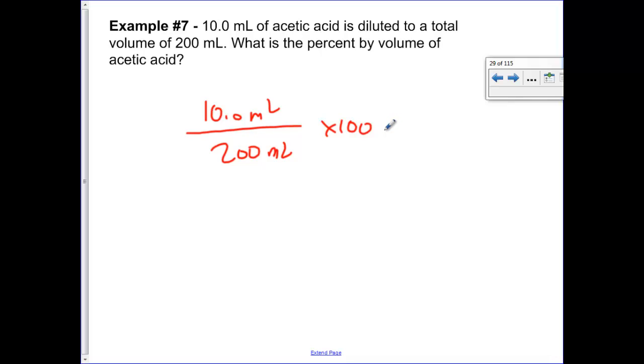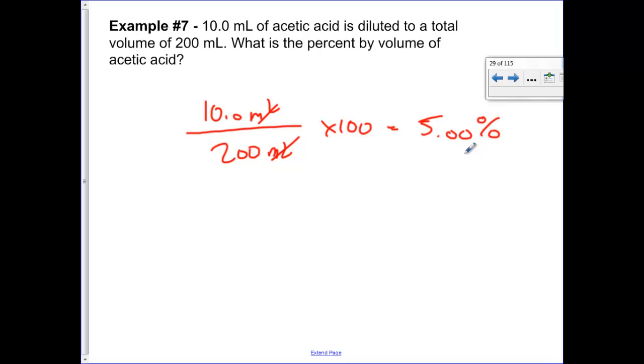One of the things that happens here is this milliliter and this milliliter cancel each other. So 10 over 200 times 100. Yeah, 5%. In terms of sig digs though, it's going to have to be 5.00% because we need to have 3 sig digs.